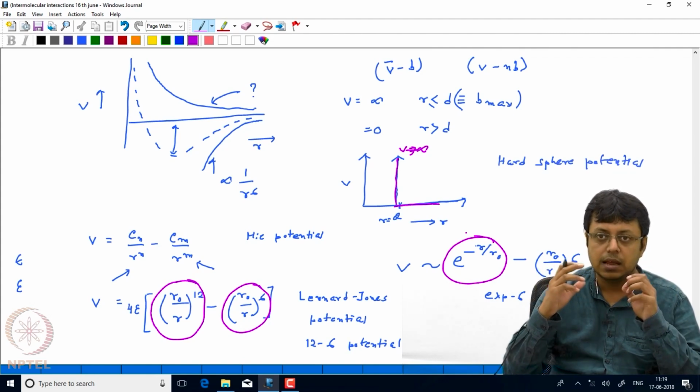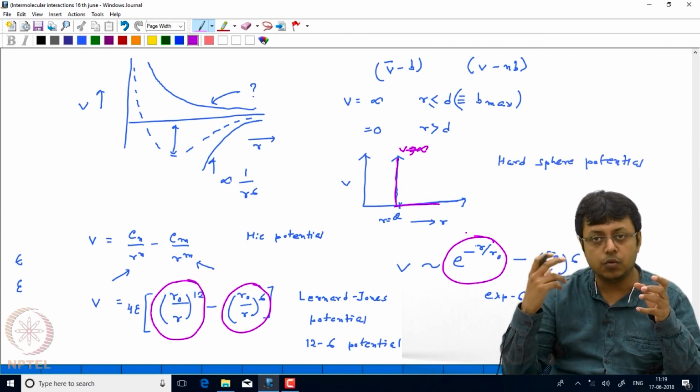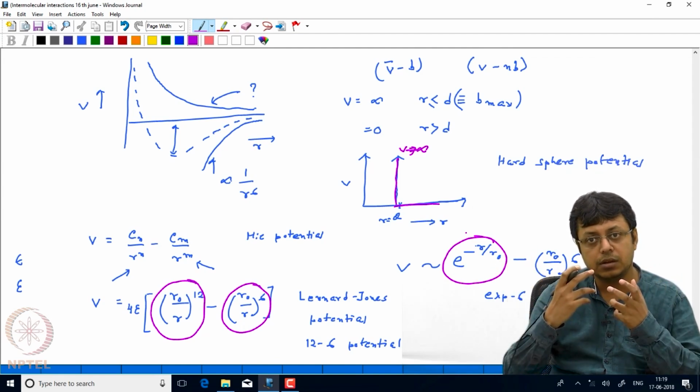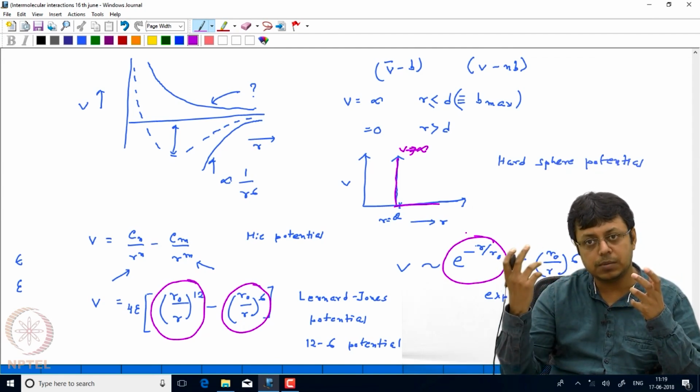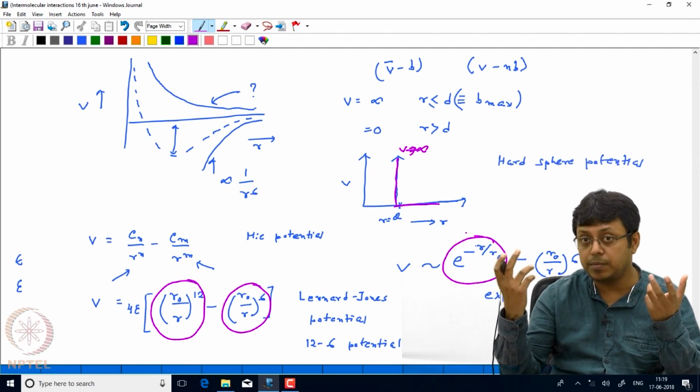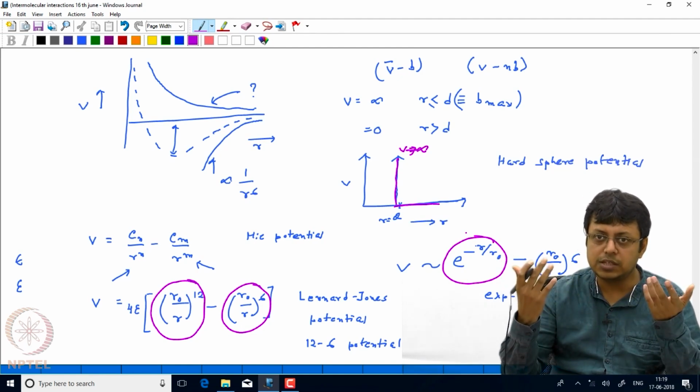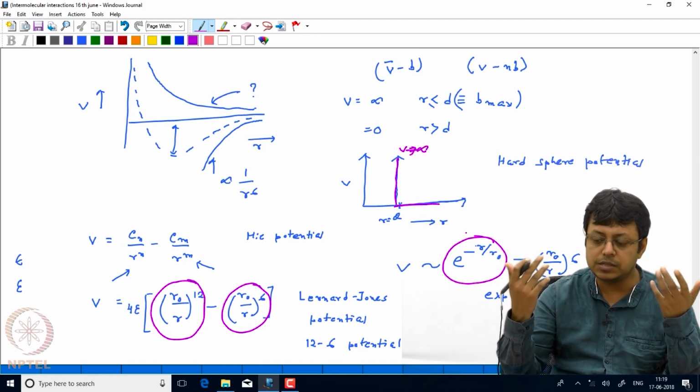And then we argued that there could be a water molecule and a benzene molecule, and there could be some interaction between a molecule which has a permanent dipole and a molecule which does not. This kind of interaction is known as induced dipole interaction, and all these interactions actually go as 1 over r to the power 6.